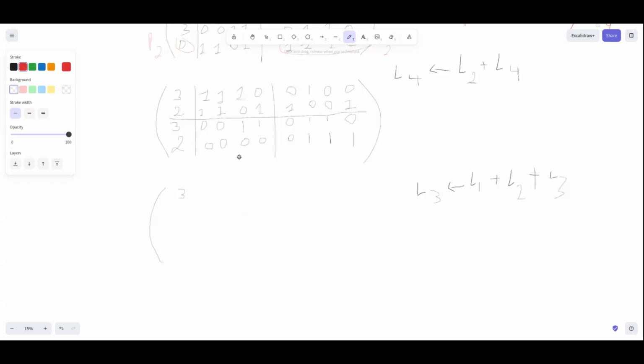Okay, so here we have 3, 2. Well, you redo it like this: 1, 1, 0, 0, 1, 1, 0. 2, 1, 1, 0, 1. 1, 0, 0, 1.